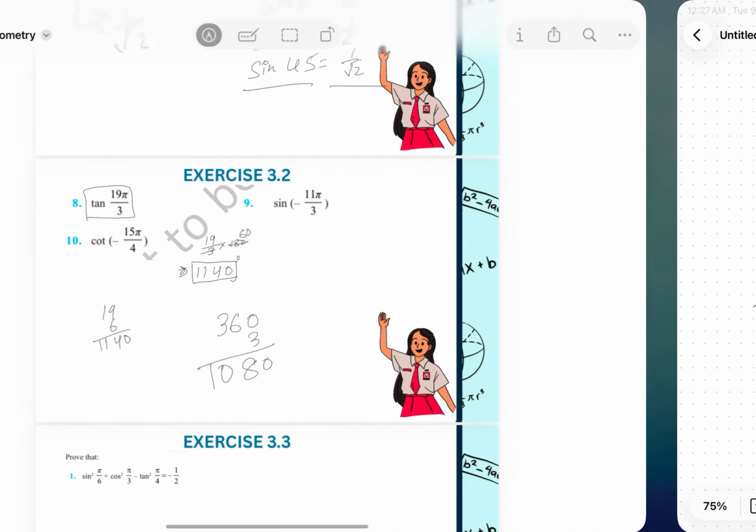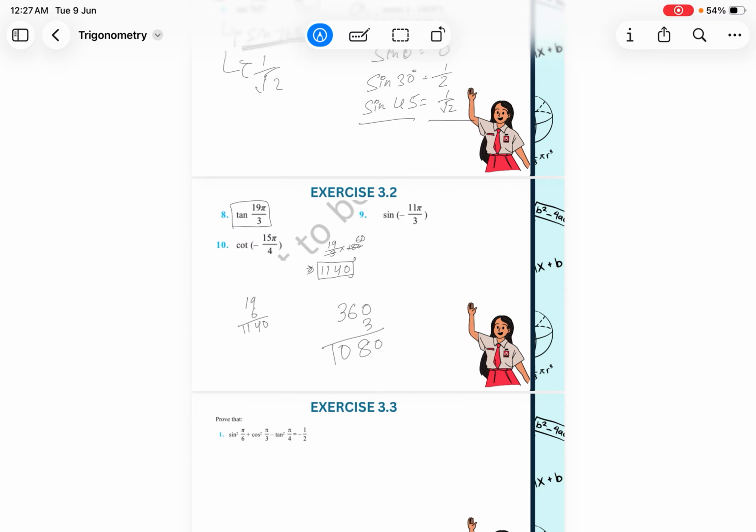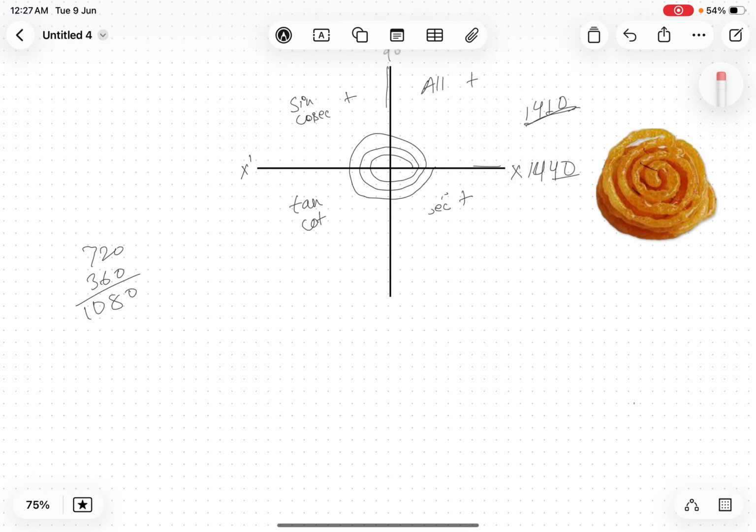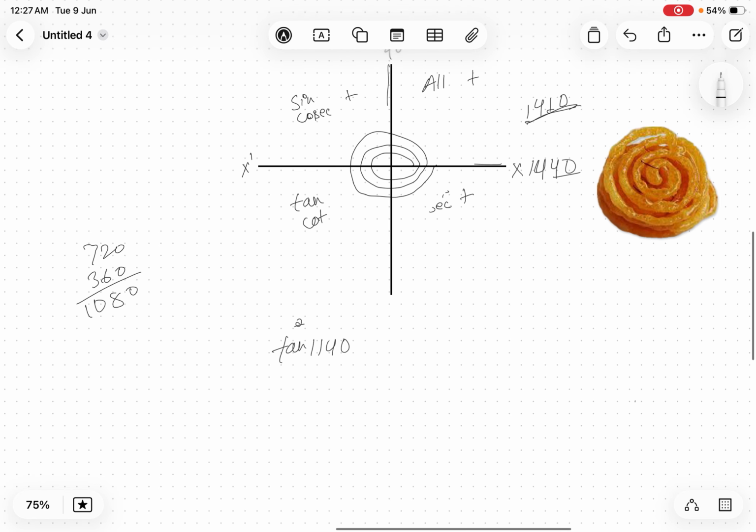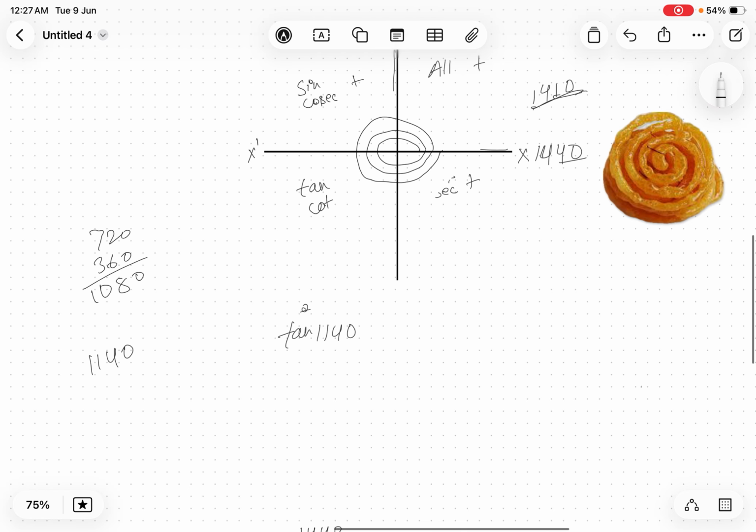So the question is asking the value of tan 19 pi by 3. So 19 pi by 3 equals 1140. This is 1080, and 1140 minus 1080 is 60 degrees.